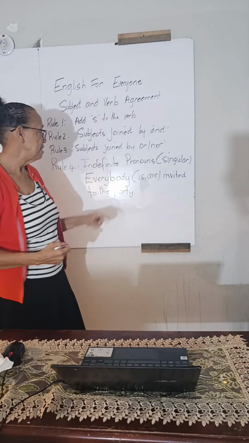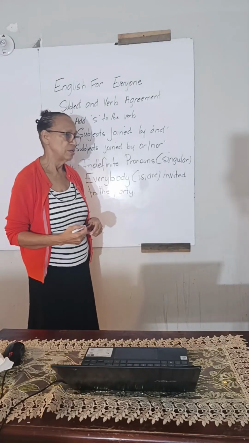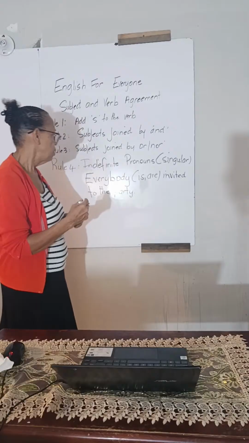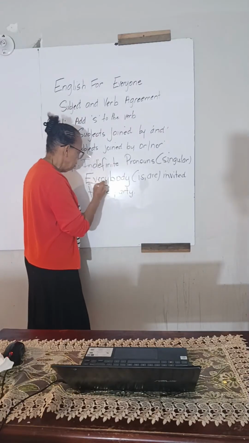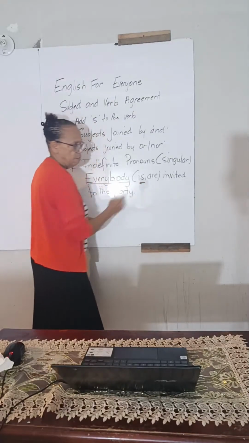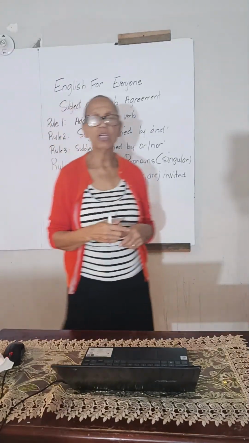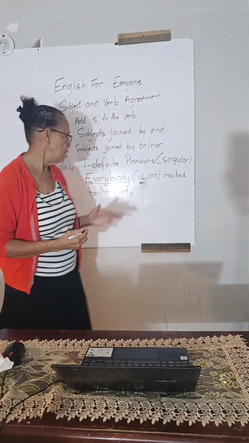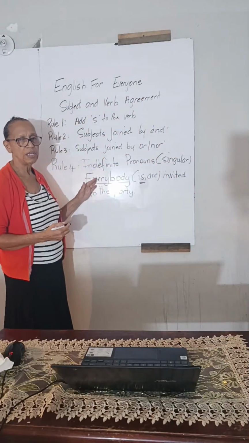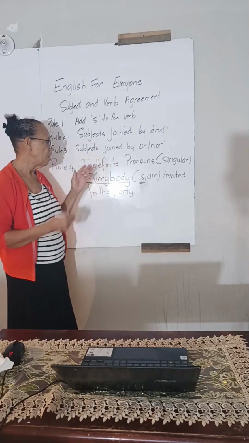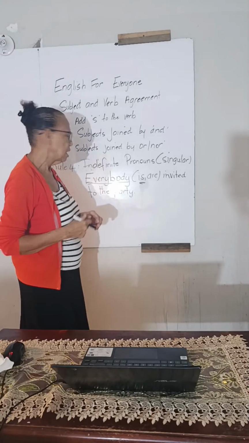Right away, I see an indefinite pronoun. So I know right away I would underline my everybody. I'm going to use the singular. Because remember, we're talking about subject and verb agreement. And this one, everybody, nobody, somebody, one of, all those words, they mean one. So because they mean one, the subject has to be one.